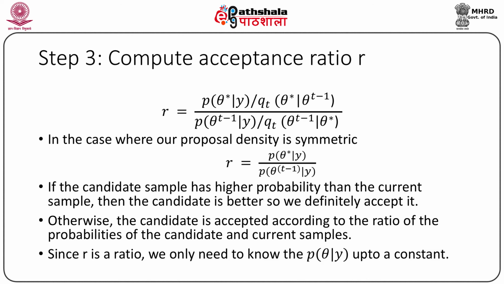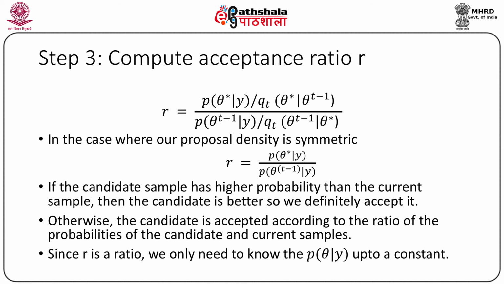The computation of the acceptance ratio is very important. In the case where our proposal density is symmetric, then r has a simpler form. If the candidate sample has higher probability than the current sample, then the candidate is better, so we definitely accept it.